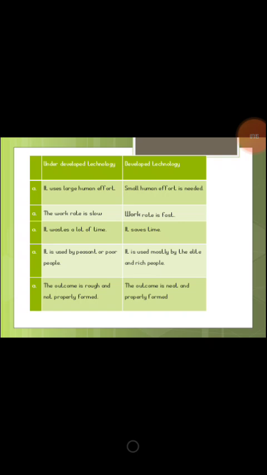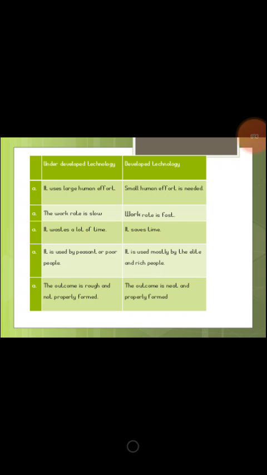So today we talked about the definition and the characteristics of developed and underdeveloped technology. We said technology is the method used by man to make their work faster and easier using the knowledge of science. We now mentioned some characteristics of underdeveloped technology.